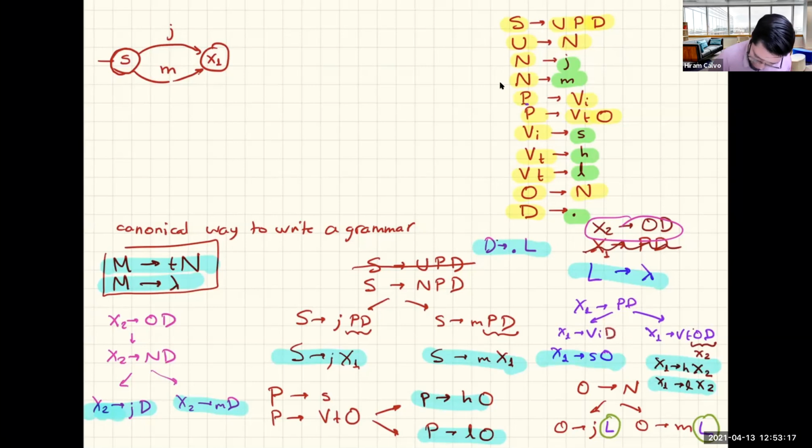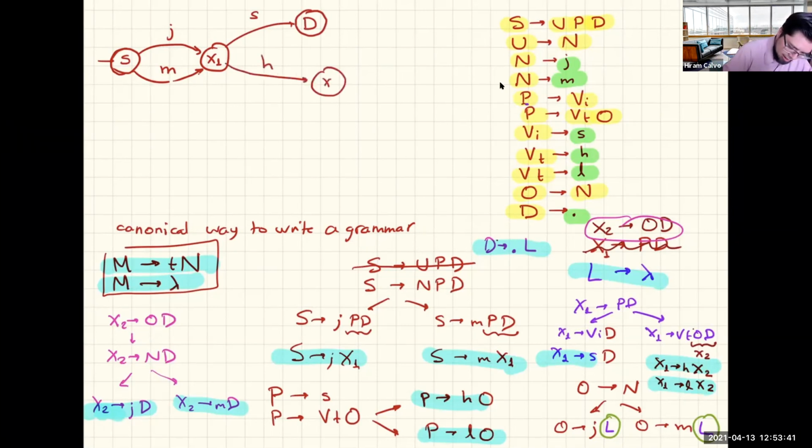My mistake here. SD. So we have from here, S, D. Yes. Or we have from X1, HX2 or LX2.